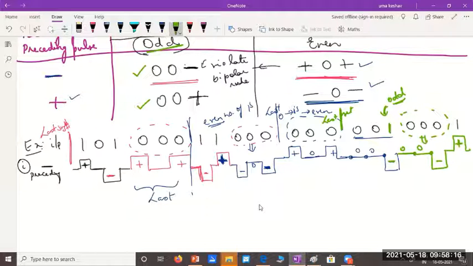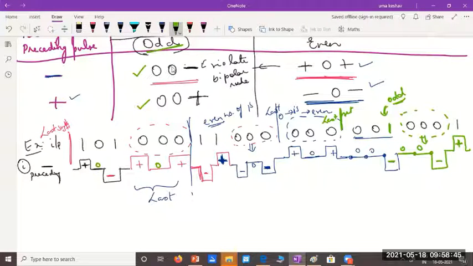Remember, your normal data representation in bipolar signaling will always be alternate mark inversion. If one is positive, the other should be negative. Every time there are ones, if one is positive, the other will be negative. Zeros are represented as 0. Only when you have a set of 3 zeros in your data, you have to replace it with either the odd or even patterns.